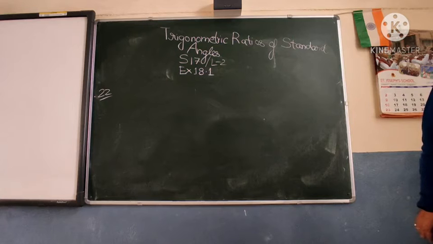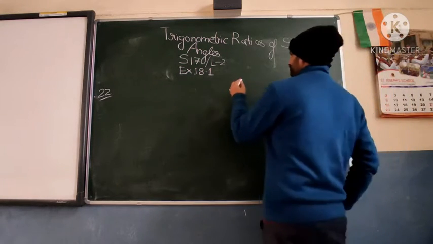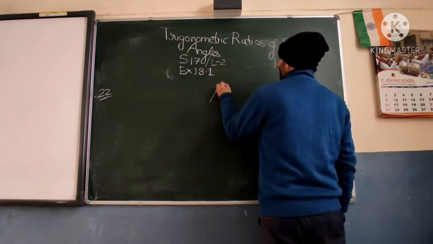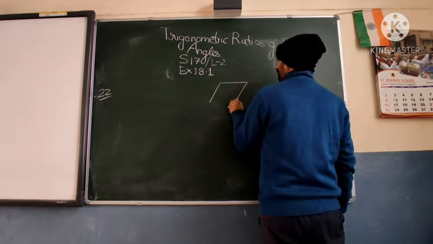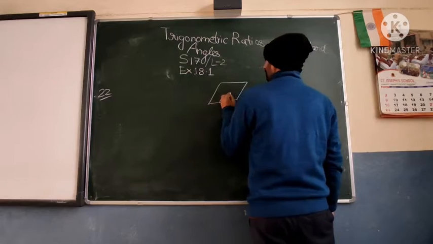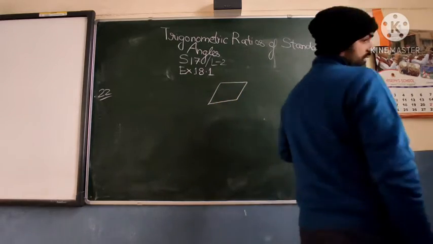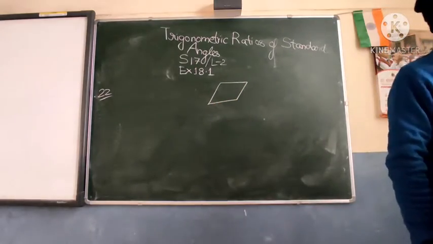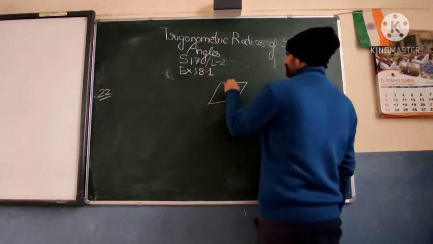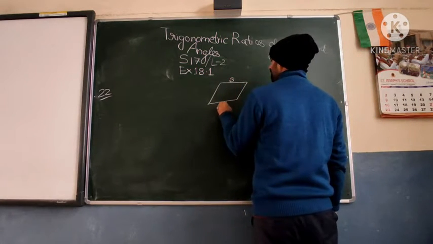if the length of each side of a rhombus is 8 cm and one of its angle is 60 degree. Length of each side of a rhombus is 8 cm, 8 centimeter, 8 centimeter.